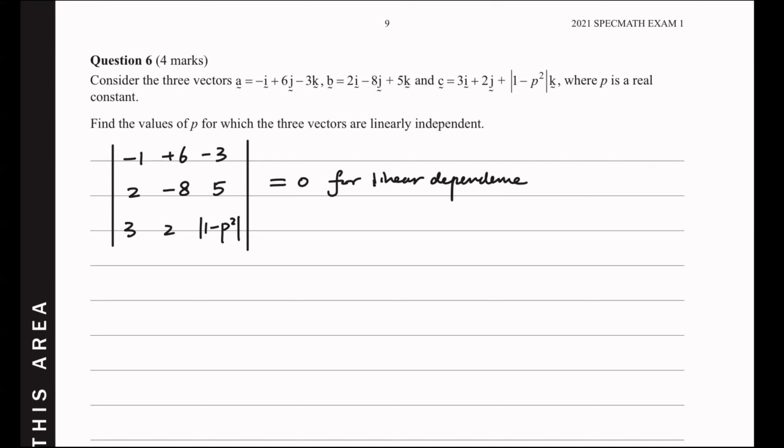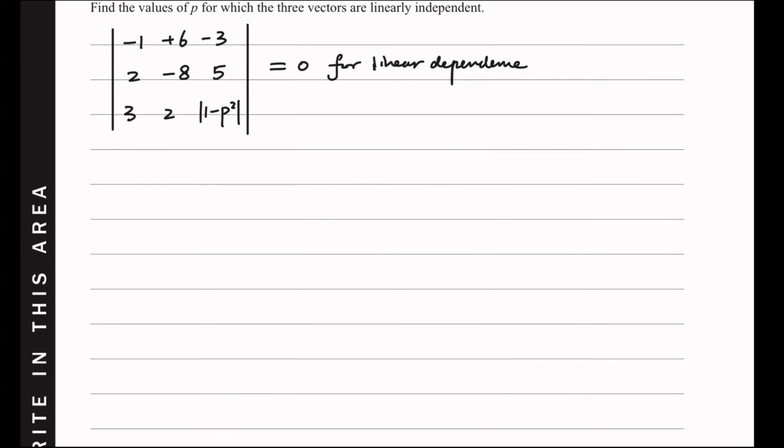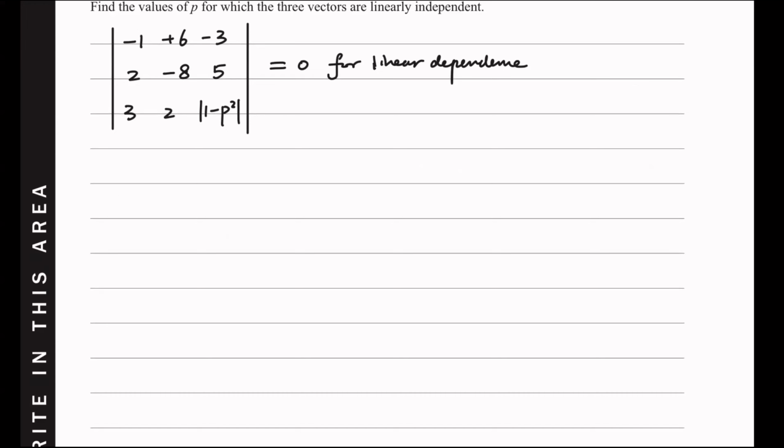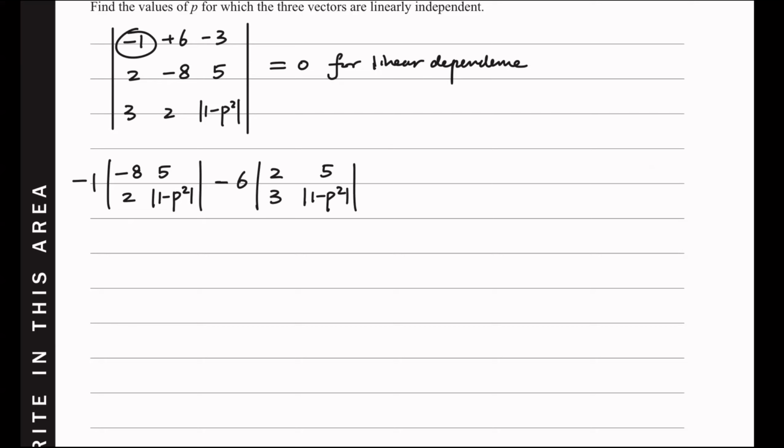Okay, so my target is to get a simplified expression for this 3 by 3 determinant. Well, minus 1 times the determinant of minus 8, 5, 2, absolute 1 minus p squared. Take 6, times 2, 5, 3, absolute 1 minus p squared. Negative 3, I have 2, minus 8 here and 3 and 2.